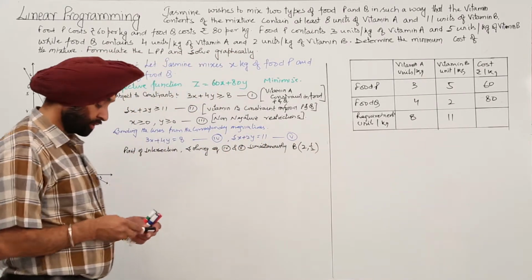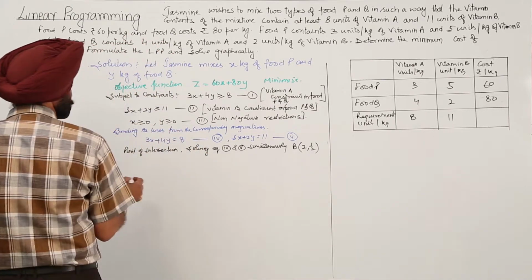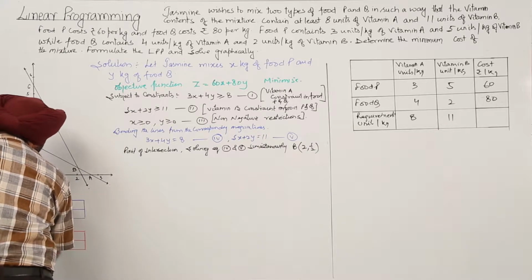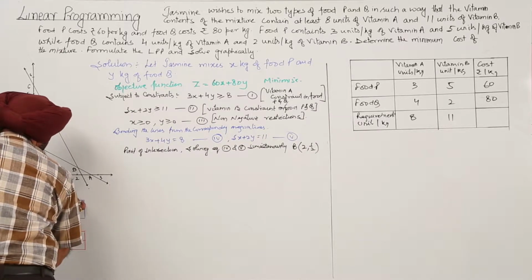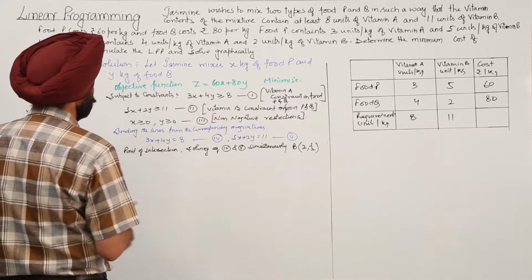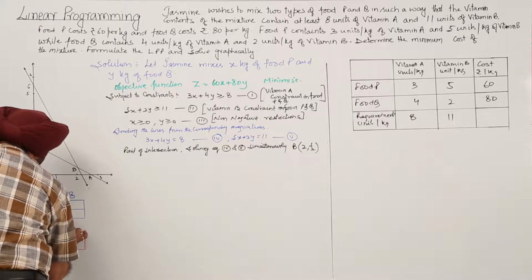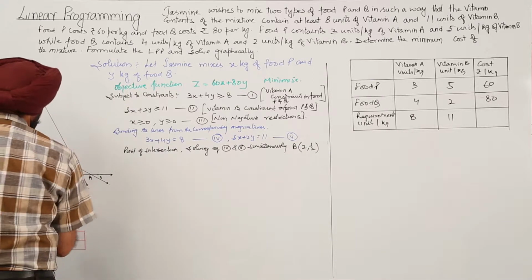This is the point of intersection. Now let's plot the equations. First is 3x plus 4y is equal to 8, and second equation is 5x plus 2y is equal to 11.